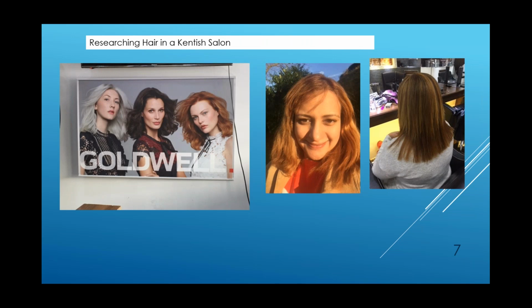Now, the kinds of methods I used to collect data during this salon experience included visual images, as you see, pictures of myself after treatments, but also taking images of the salon space itself, some of their publicity material, and also the ways in which sound, for instance, creates a rhythm in the salon itself, a sense of a buzz and urgency, or the heat of hair dryers and so forth.